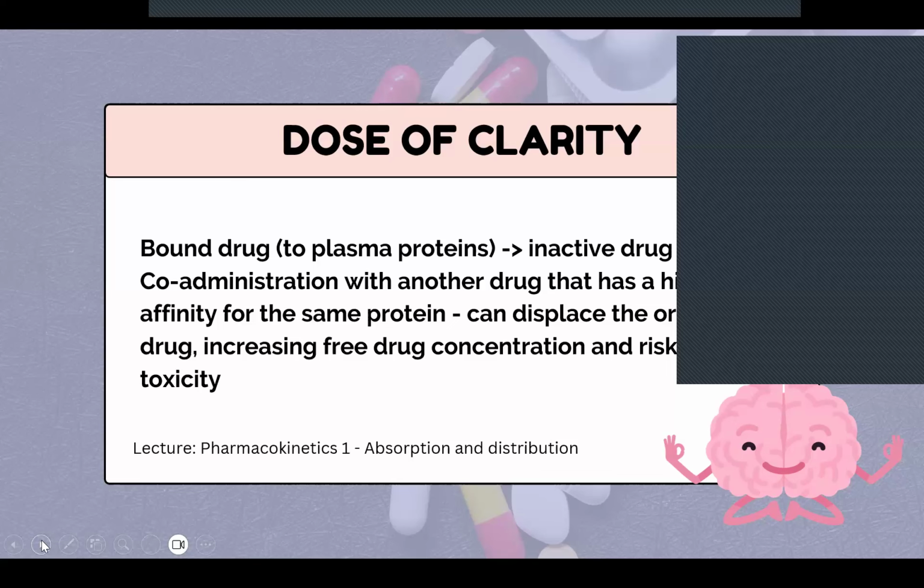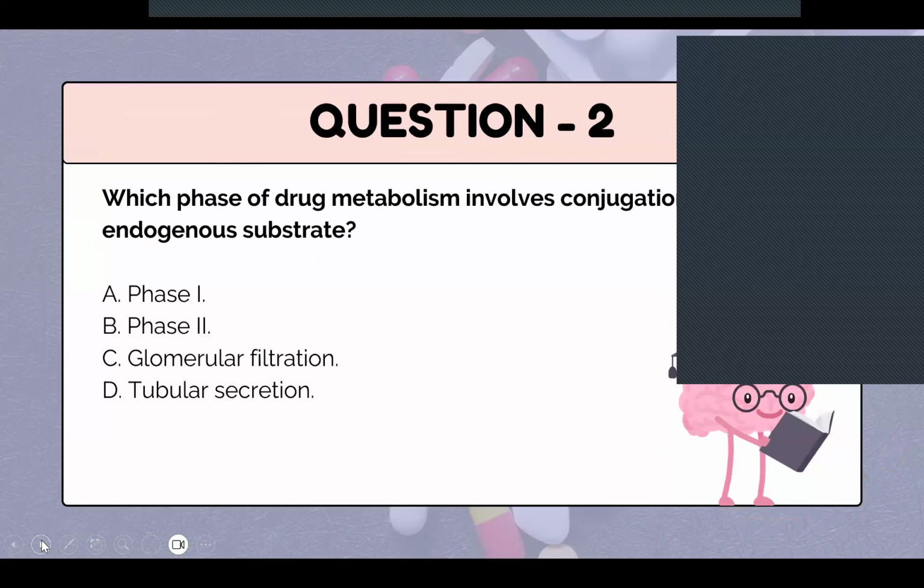Now let's move on to the next question, which is which phase of drug metabolism involves conjugation with an endogenous substrate? Phase 1, phase 2, glomerular filtration, or tubular secretion? Phase 2. Yes, right. So the answer is phase 2.